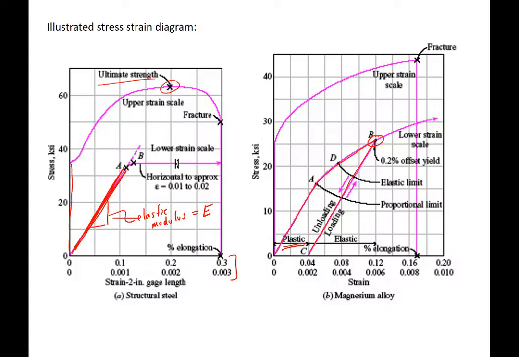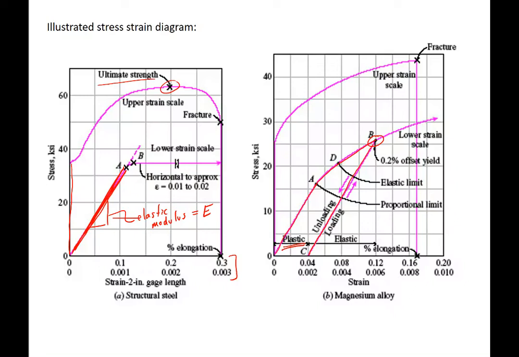In this class, we're basically always going to be doing elastic deformation. In a class like manufacturing, that we'll do for mechanicals, we'll take that in their senior year, we're always talking about plastic deformation because that's typically what you're doing with machining operations or punching or stamping operations: permanent plastic deformation.